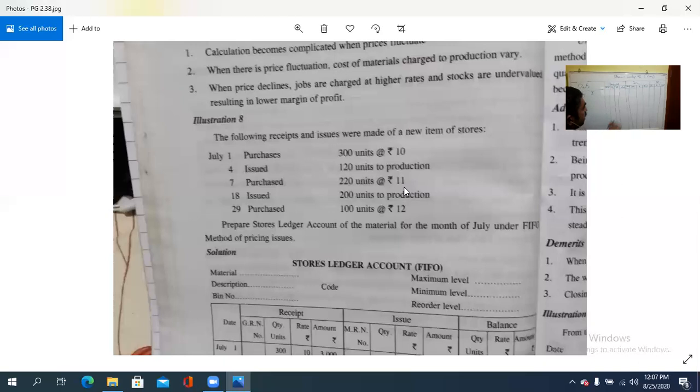There is no GRN number and no MRN number, no need, just provide the column. Quantity is 300 units at the rate of rupees 10, so the amount is 3000, and here also this is the opening stock. So this is the available balance now, 3000, isn't it? So that transaction is over. Clear? Only this much: 300 quantity at the rate of rupees 10, 3000. So the same, 300 into 10, 3000.